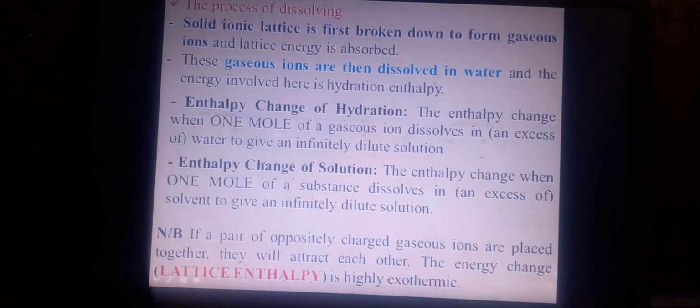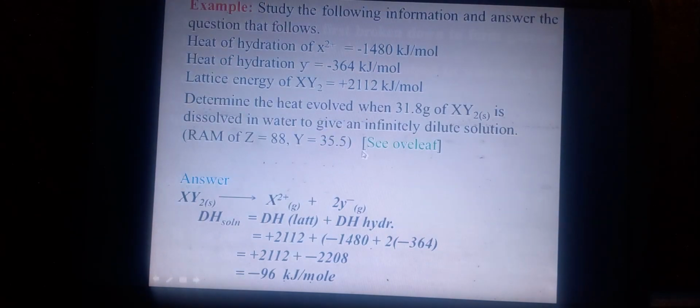That is called lattice energy. So you will make further reference so that you are able to get that information.